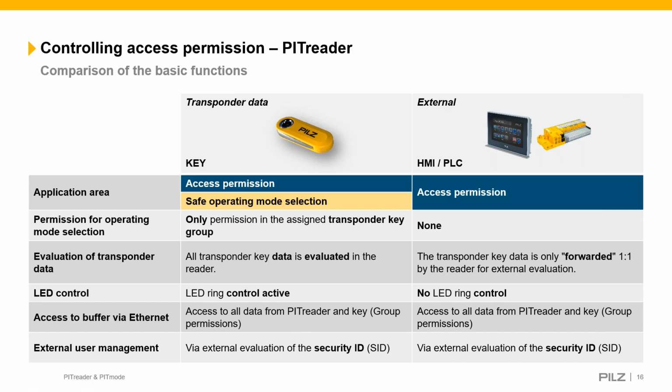The LED control is done via the key, so the control of active, but it isn't with the external HMI. Evaluation of the transponder data: all transponder key data is evaluated in the reader, but with the external option the transponder key data is only forwarded one-to-one by the reader for external evaluation. And permissions of operating mode selection: only permissions in the assigned transponder key group within the key, and there are none within the external HMI PLC.